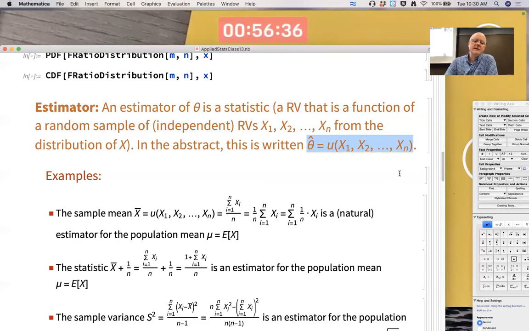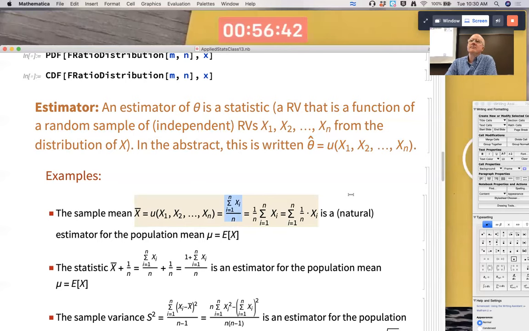It's common to use U in this context. In the case of a sample mean, the U is this function of the xi's. This is a statistic. It's a random variable. It's got a distribution. Knowing the distribution helps you do inference, helps you do confidence intervals and hypothesis testing.